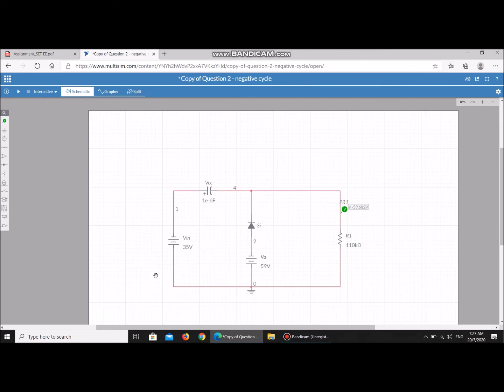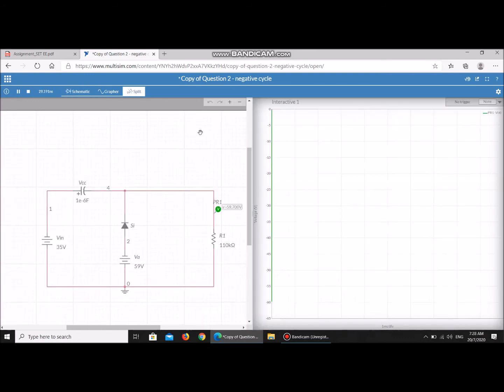When we change the polarity of the DC voltage, the current will go through this diode, so it won't be an open circuit here. When we run the simulation, we get the value for Vo exactly like the question states, which is negative 59.7 volt. So basically everything in this simulation is exactly the same as in the calculation.